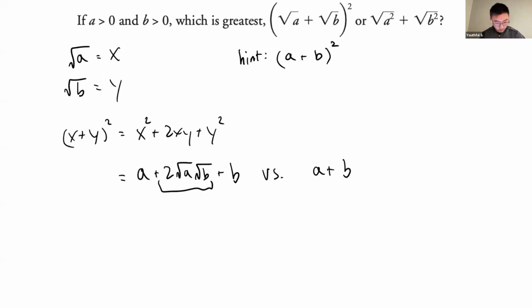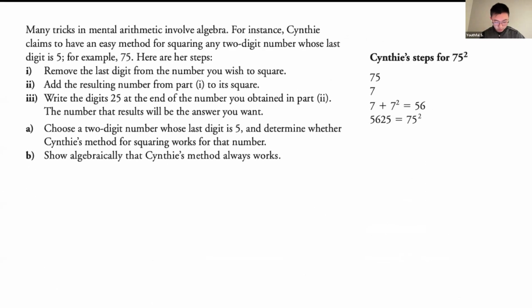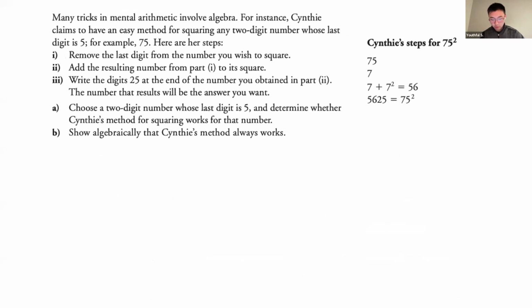Okay, so we have some time left over, so I have just a quick, interesting pattern here. It's also related to what we just learned. So I'll just read this. There are many tricks in mental arithmetic that involve algebra.